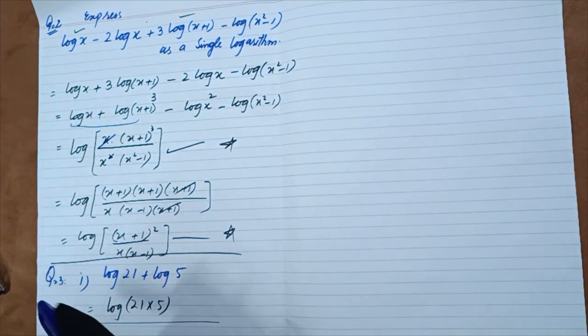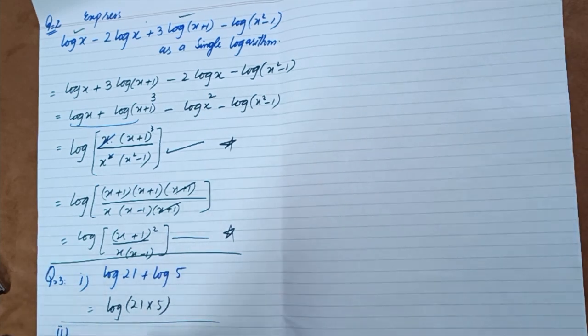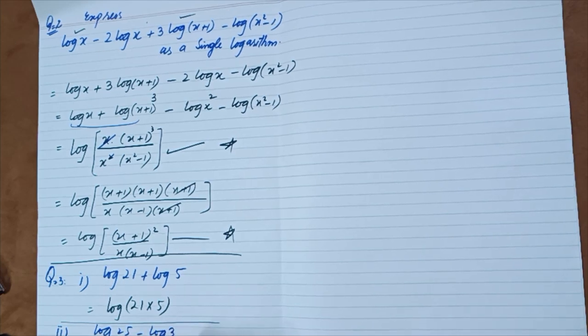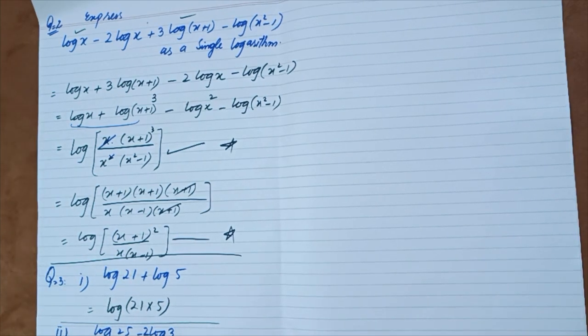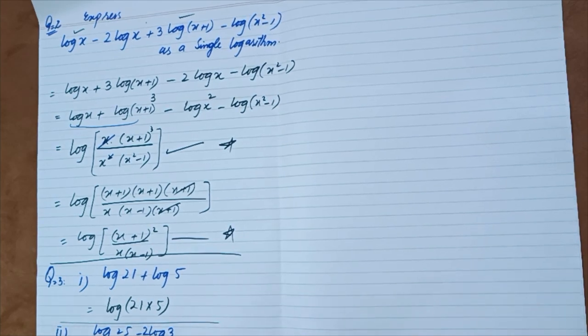The second part is very simple. Log of 25 minus log of 3, and before log there is a 2. So first we need to send back this power to its original position. After that, minus means they are written in the ratio form.